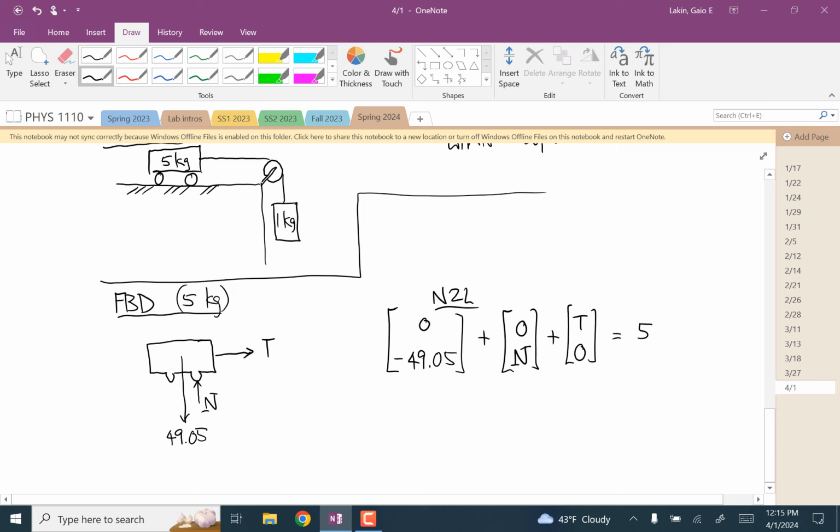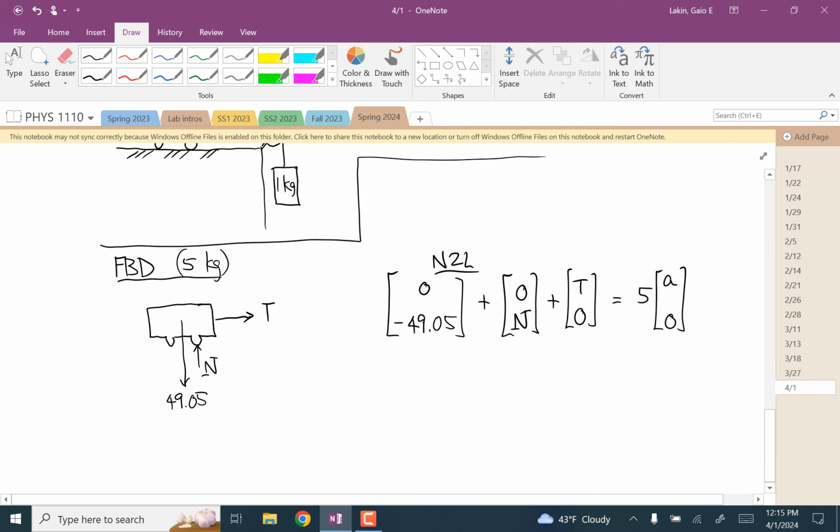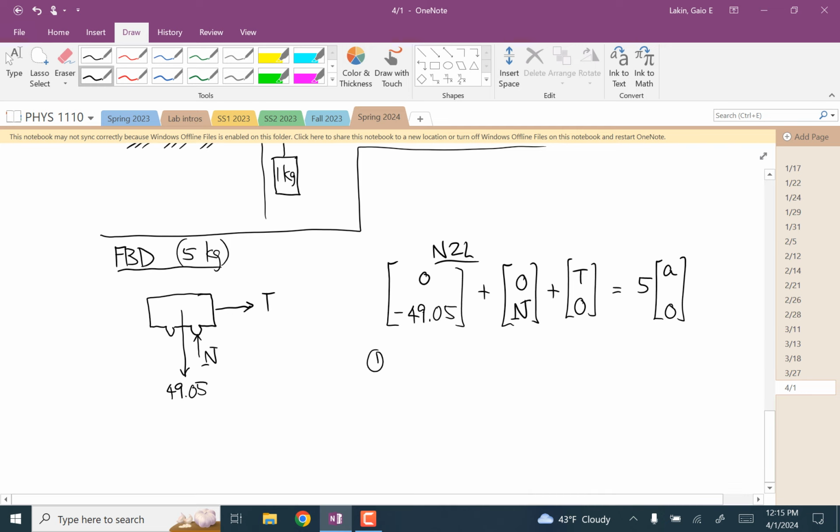Is this thing able to accelerate along X or along Y? X, so I'm going to write this as a, 0. So we have two equations here. The first one says T is equal to 5a. The second one says negative 49.05 plus N is equal to 0.